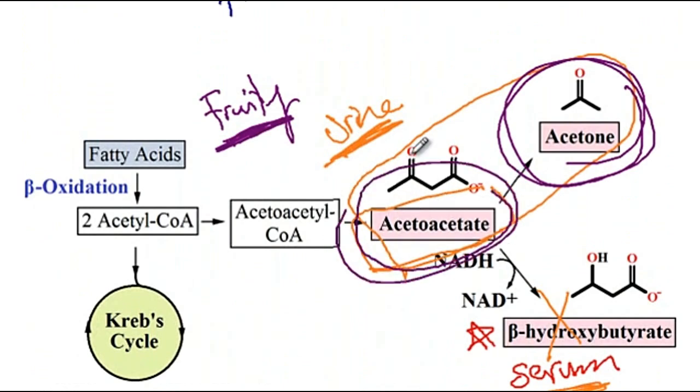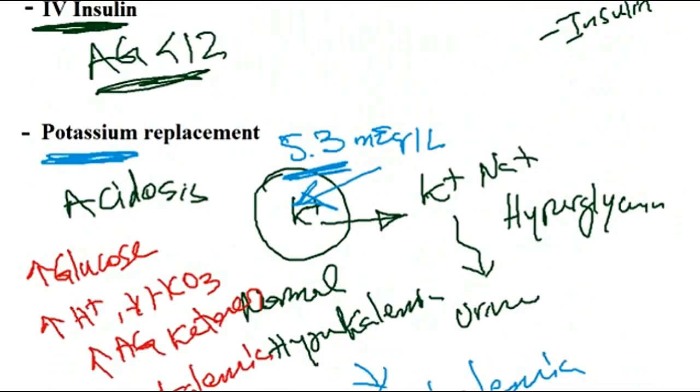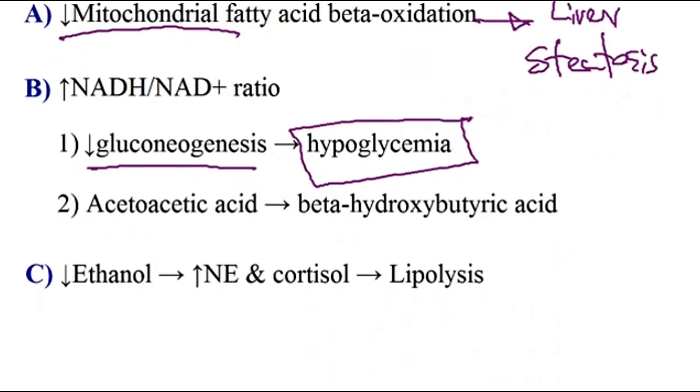Now, conversion of acetoacetate into beta-hydroxybutyrate will cause conversion of NADH to NAD+. Since in alcoholic patients there is too much NADH, the conversion of acetoacetate into beta-hydroxybutyrate is favored to increase the production of NAD+. So therefore, there would be more beta-hydroxybutyrate in patients that are alcoholic.